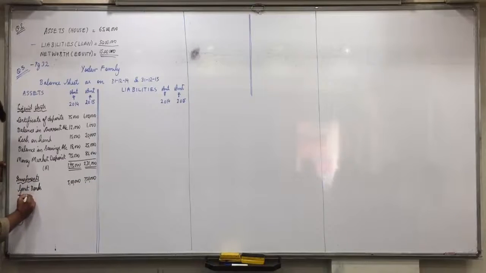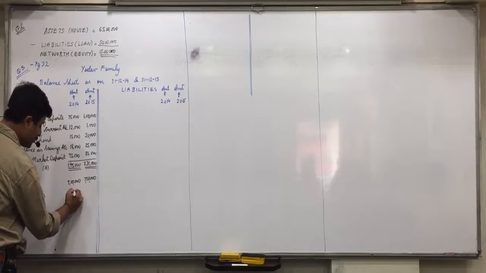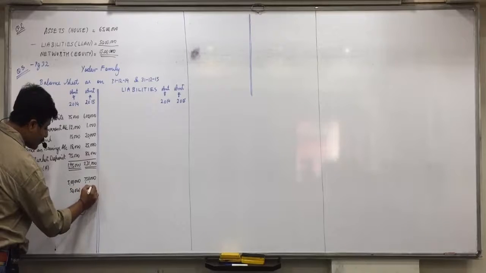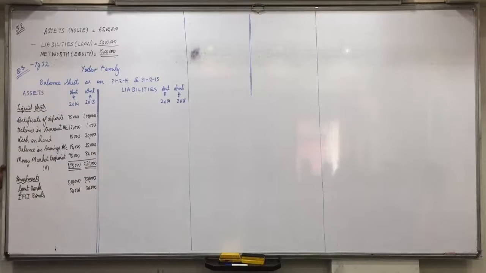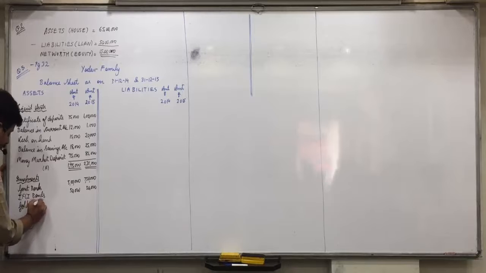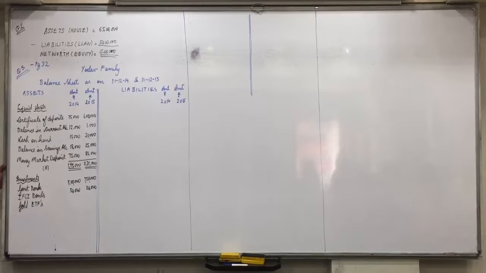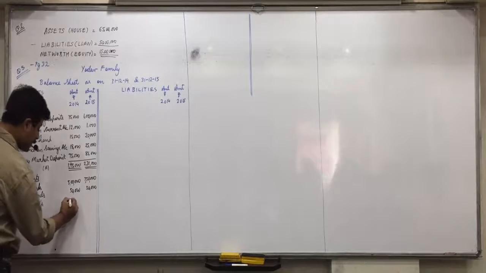IFCI bonds, 50,000 each. Gold ETF, 20,000 and 60,000.